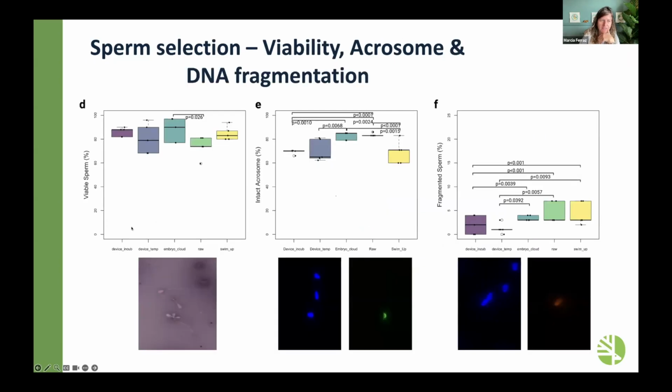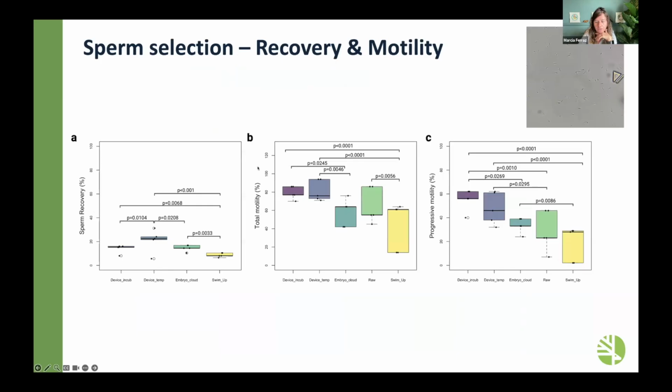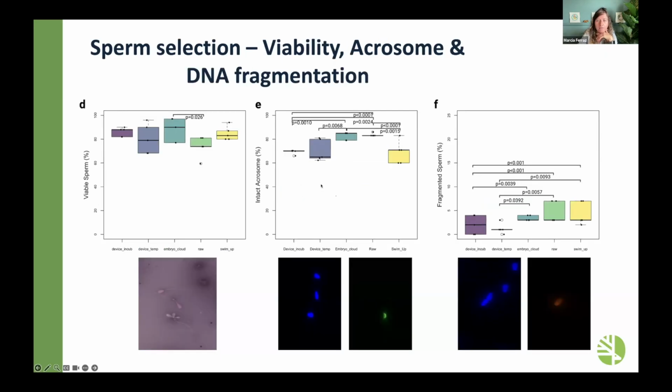We then checked viability. There was no difference in viability between the device controlling temperature and the raw and the other methods. We checked for the integrity of the acrosome. And what we saw was a reduction in acrosome integrity. So maybe we might be capacitating this sperm.